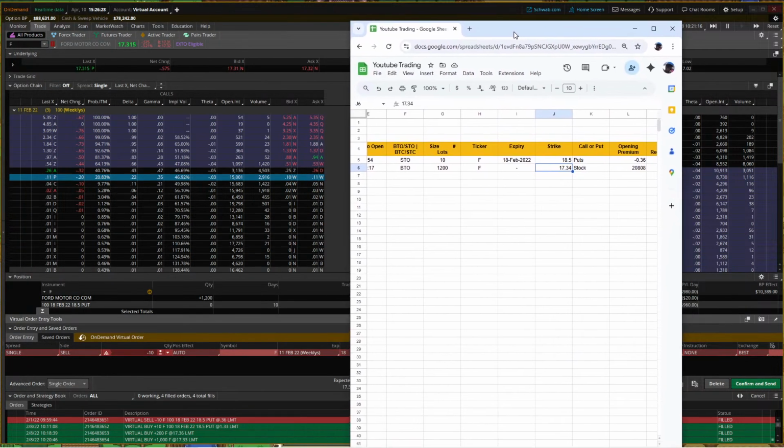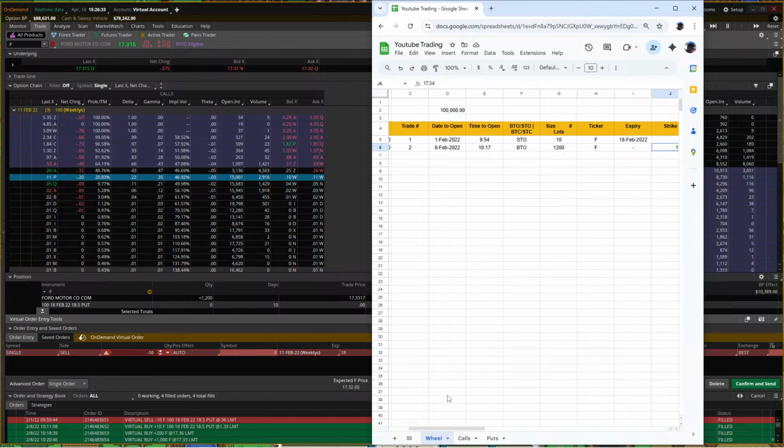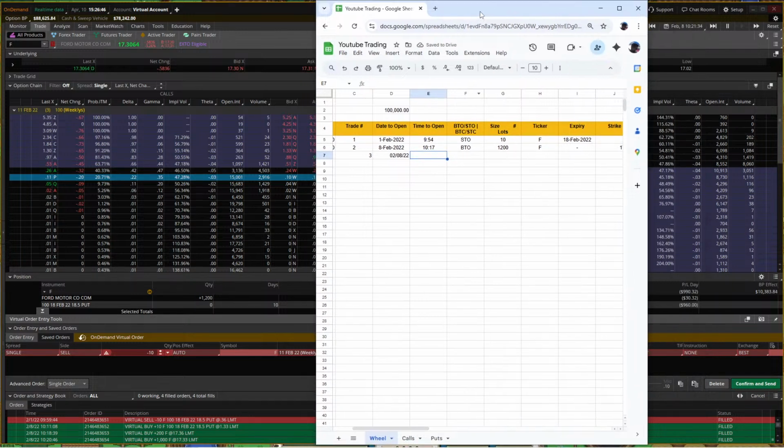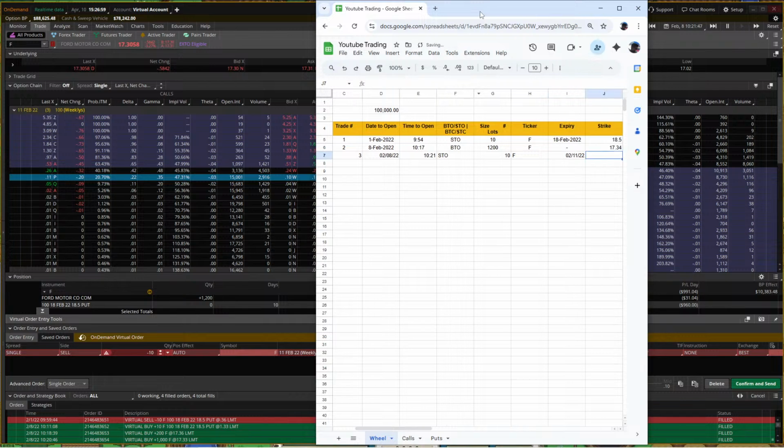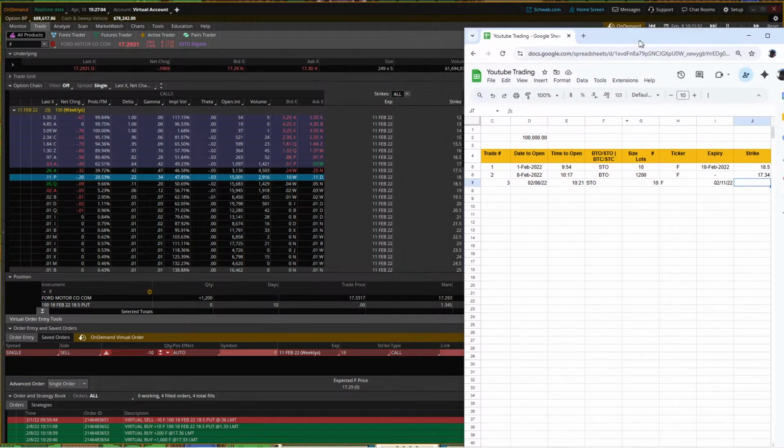Let's do this over. And then 02-08-22. Time to open, 10:21. Sell to open. These are going to expire on 02-11-22. The strike is 18.